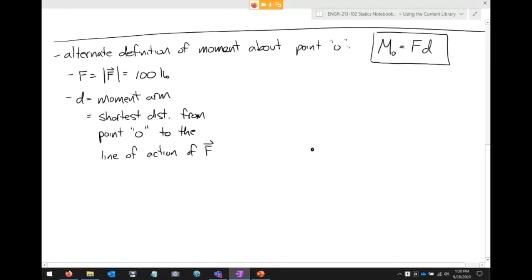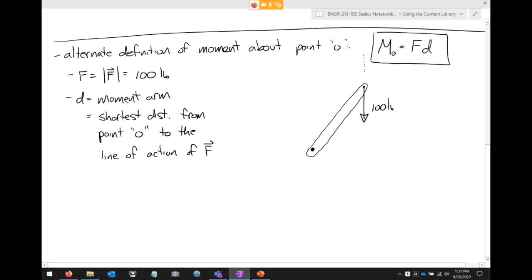Okay, so let's go back to my example. This is point O, and there's some lever like this going through point O, and right here is the 100-pound force. Now this 100-pound force, again, let's draw up that line of action.